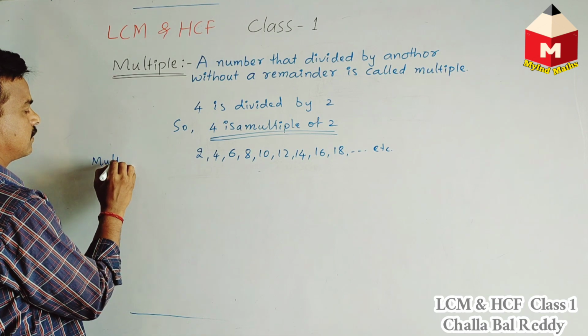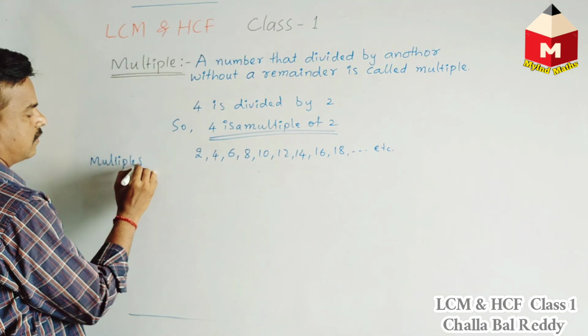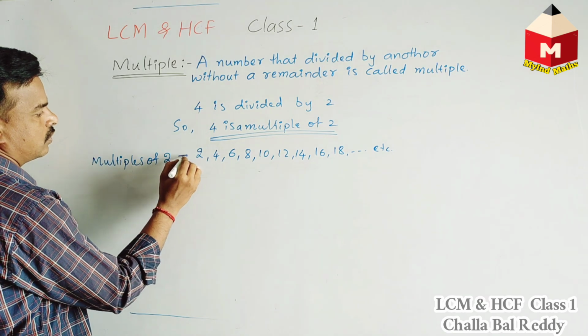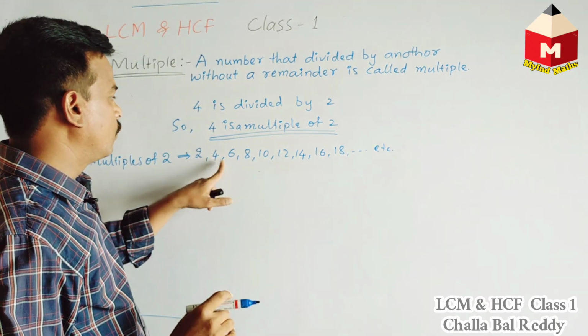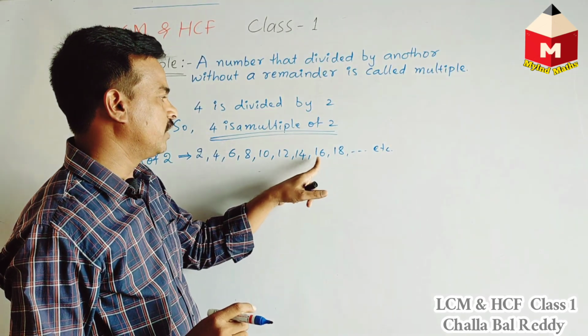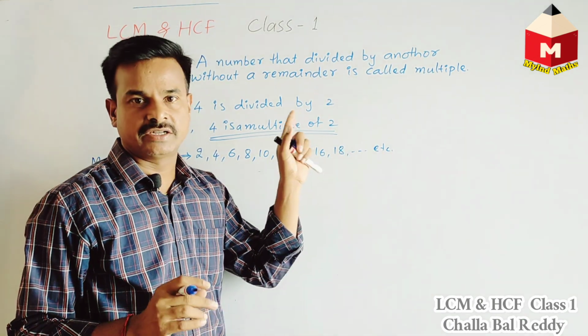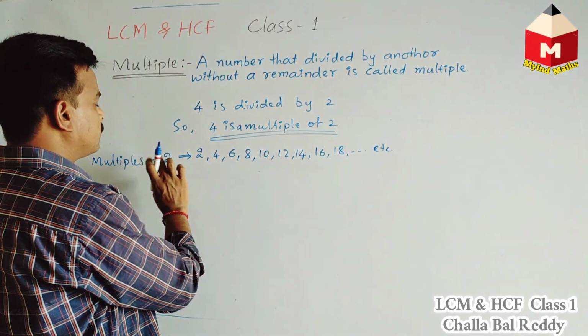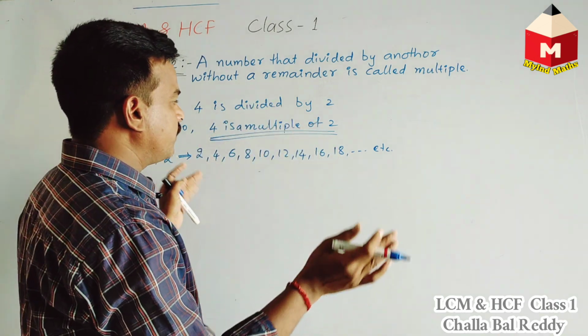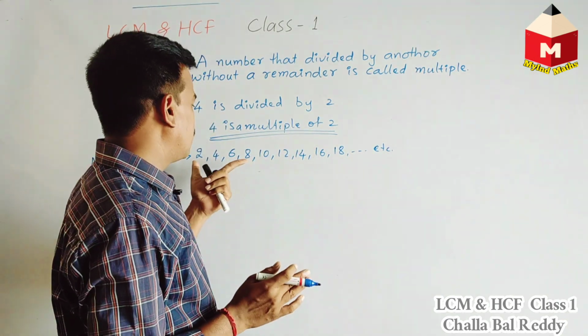Multiples of 2 are 2, 4, 6, 8, 10, 12, 14, 16, 18, etc. And there are infinitely many multiples of 2.